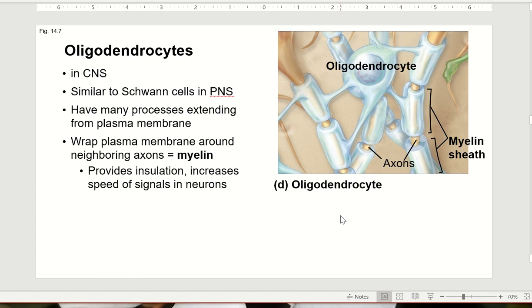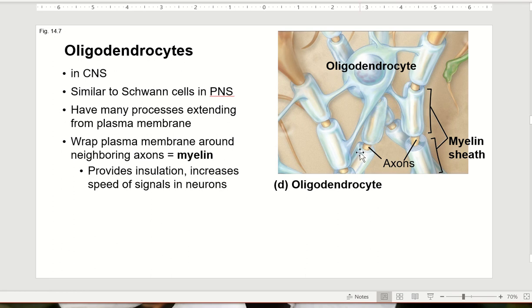So the difference is that in the peripheral nervous system, each Schwann cell wraps its whole self around the axon. In the central nervous system, each oligodendrocyte helps wrap a number of axons, okay?